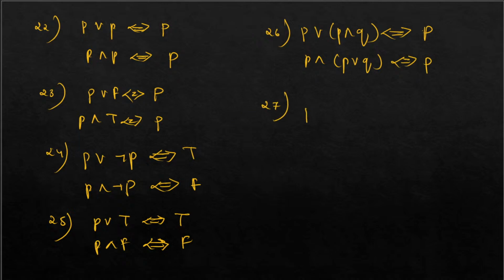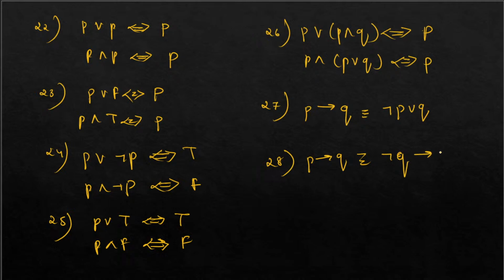And the most important: P implies Q is nothing but negation P or Q. And the 28th is P implies Q, which is equivalent to negation Q implies negation P. Note this, everyone, very important.